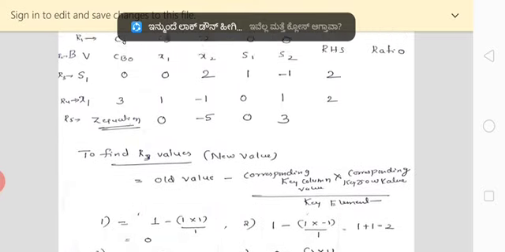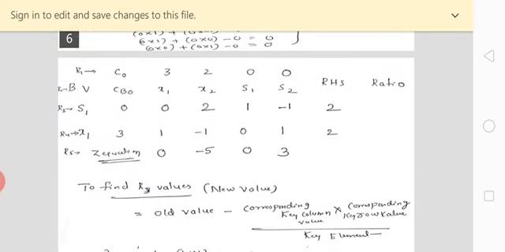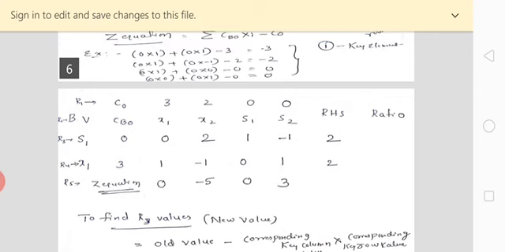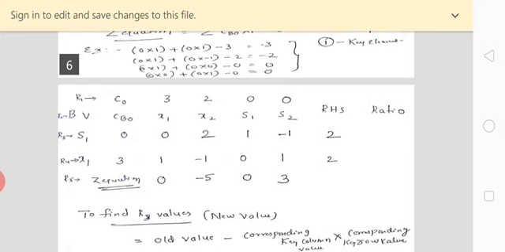The formula I already told. Similarly go for summation, 0 into 0, 0, 3 into 1, 1, 3 minus 3, 0. Similarly 0 into 2, plus 3 into -1, -1, 3 minus 2, it becomes -5 now.